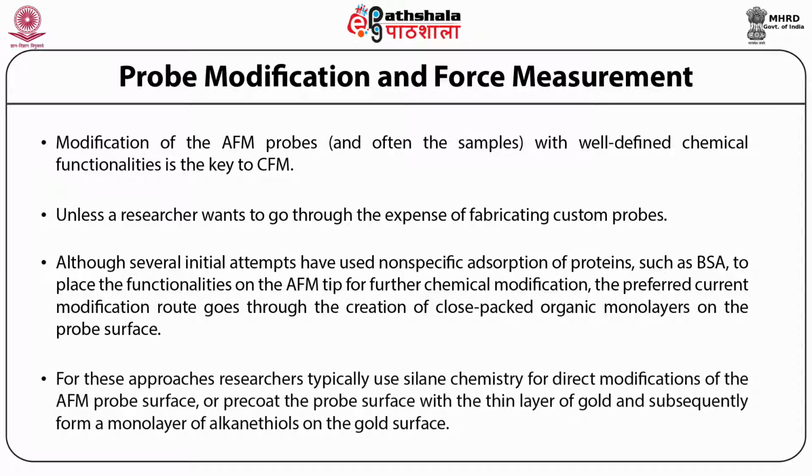For these approaches, researchers typically rely on silane chemistry for direct modification of the AFM probe surface, or pre-coat the probe surface with a thin layer of gold and subsequently form a monolayer of alkane thiols on the gold surface.